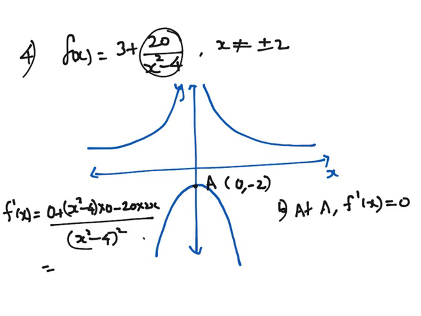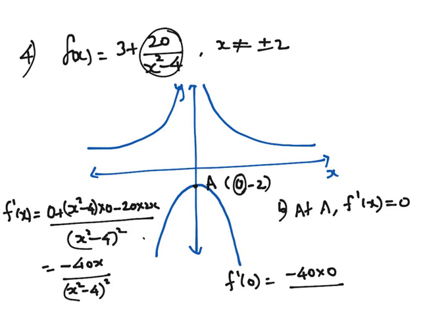So I will get minus 40x by x squared minus 4 the whole square. So at A I need to prove f dash of x is 0. At A we know that x is 0, so f dash of 0 is minus 40 into 0 by 0 minus 4 the whole square, which is equal to 0, right? So it's very simple. At A, f dash of x is equal to 0. So that is also proved.